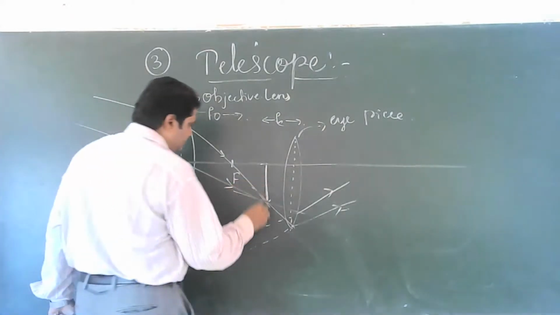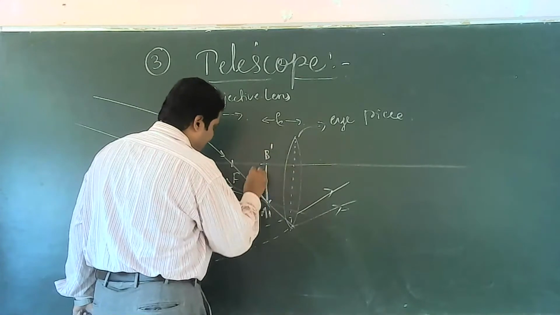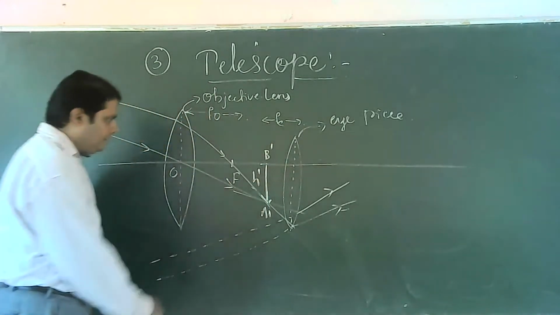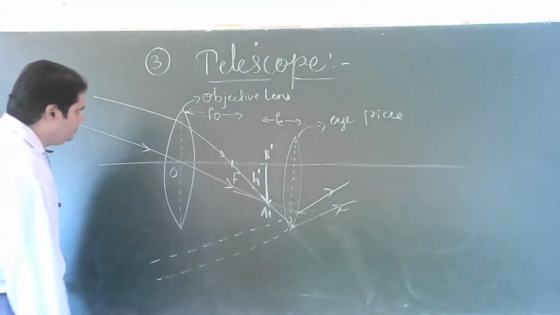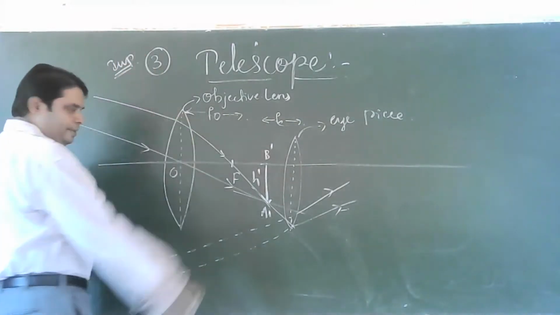Let us take B dash and H dash. Here, the magnification, I will write this as important.